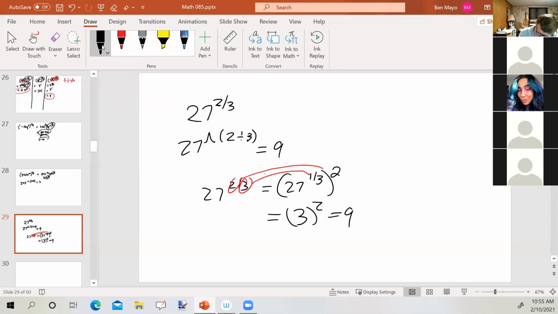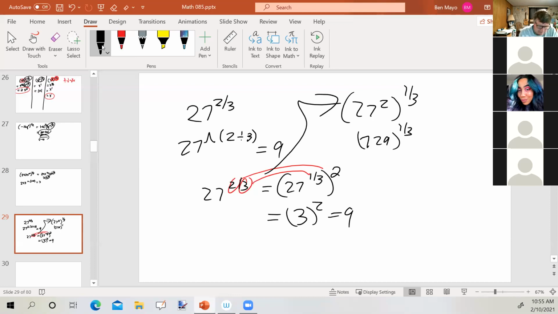Let's do it a different way. Let's square it first, and then take the cube root. Well, 27 squared is 729. Take the cube root of that, and I still get 9.